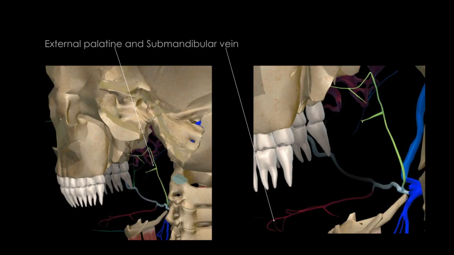This is another view from the opposite side to show you the external palatine vein. Very clearly you can see it here, as well as the complete course of the submandibular vein.